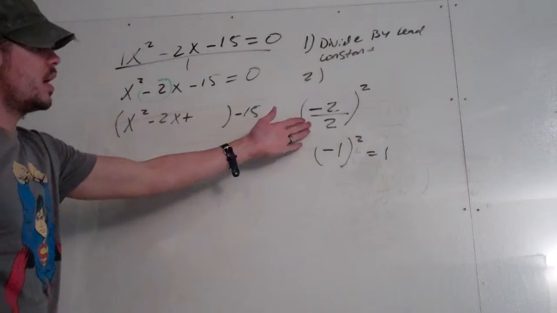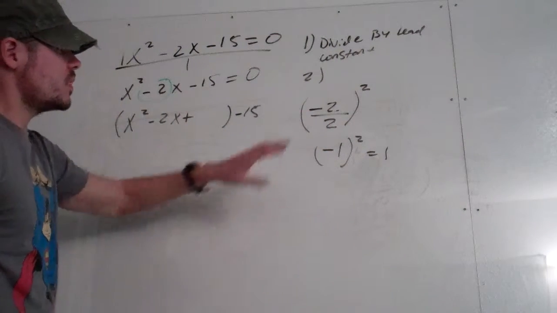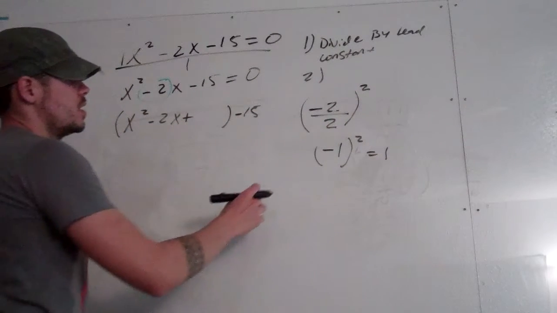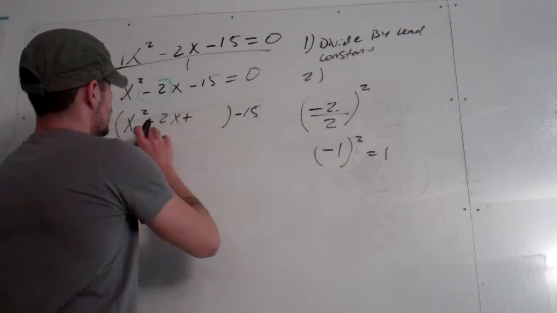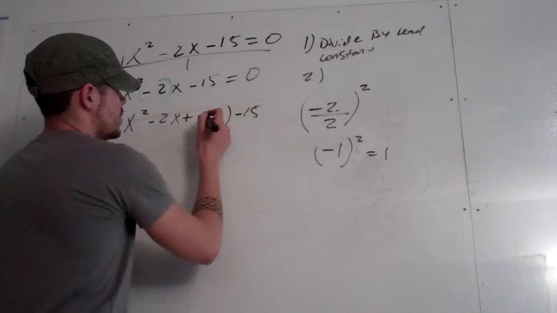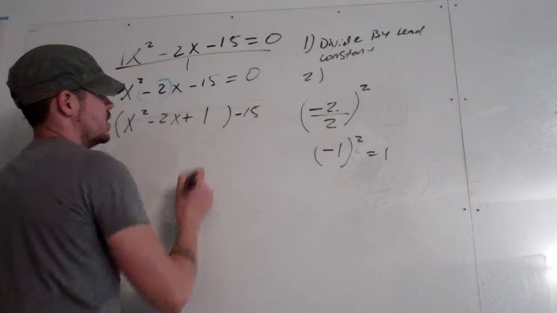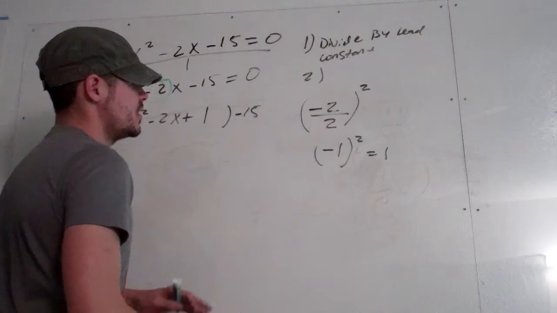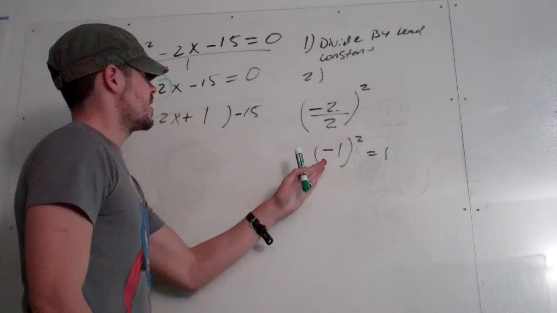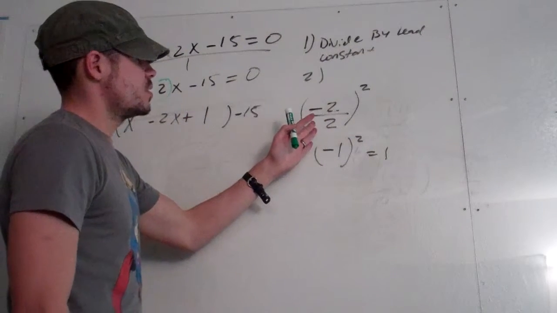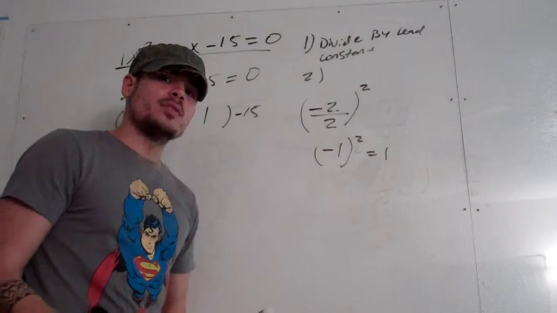Now I want you to remember what's right here before we square it, because we're going to use that a little later. So we're going to write x squared minus 2x plus 1. Whatever I got after I squared it, I'm going to put right here, plus 1. And notice this is never going to be a negative term, so you're never going to subtract right here, because whatever you square inside the parentheses is always going to come out to a positive.